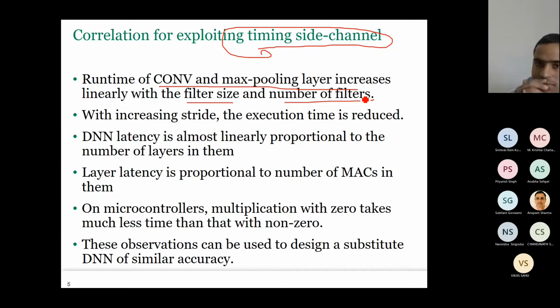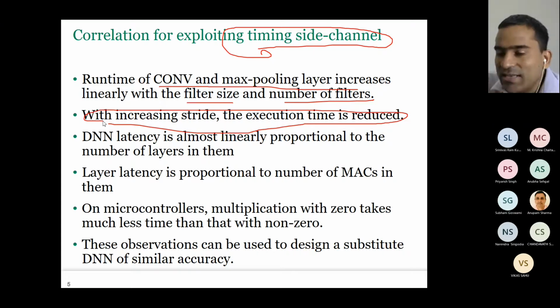And with increasing stride, execution time is reduced. That is obvious, because stride means how much you jump. If you're jumping a lot, you're doing far fewer computations. If your stride is just 1, then you are doing all the computations, but if your stride is 2 or 3 or 4, you are doing a lot of jumping.